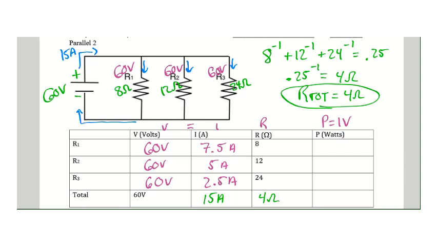So 7.5 times 60 is going to be 450. 5 times 60 is going to be 300. And 2.5 times 60 is going to be 150. And so when we add those, 150 plus 300 plus 450, we get 900.